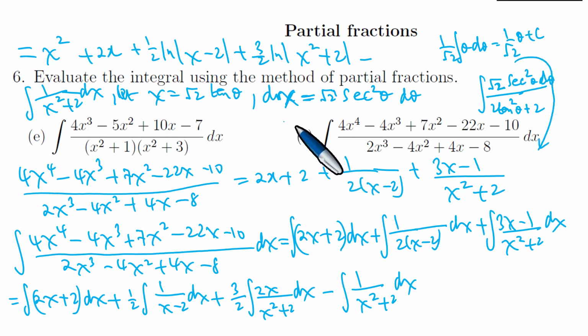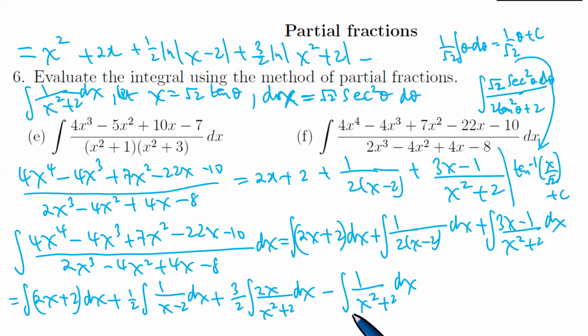And the theta out of this becomes arctan of x over the square root of 2. So that becomes arctan of x over the square root of 2 plus c.